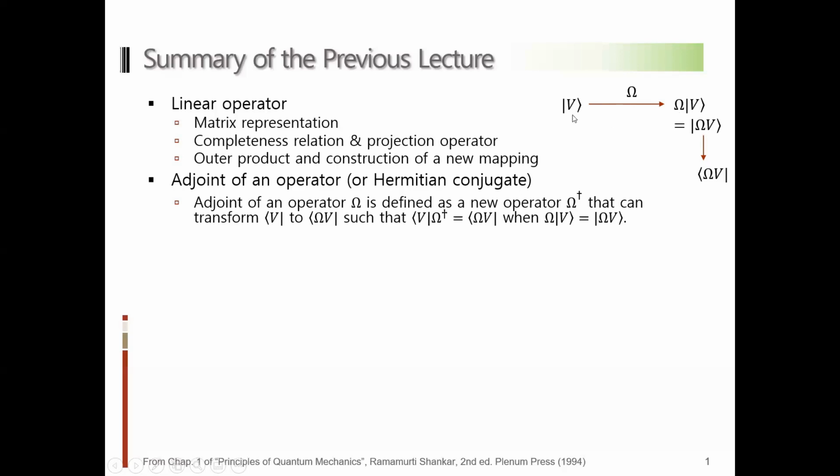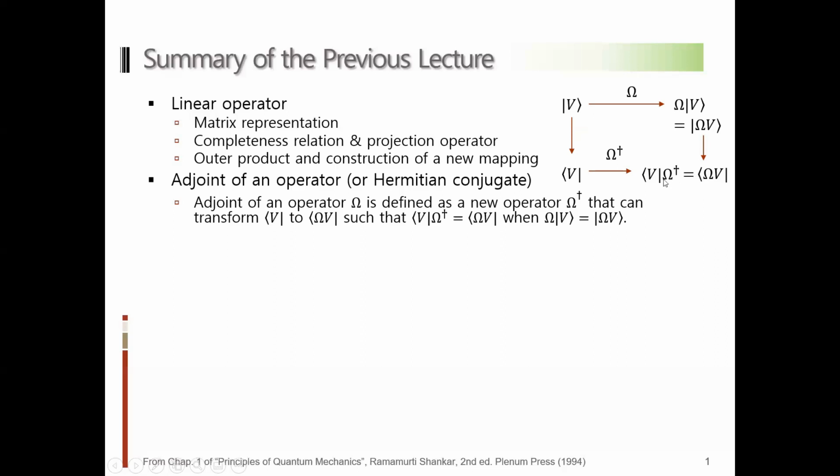Another option is we can start with the bra vector corresponding to this ket vector in the dual space. Then there might exist a new operator which will map this bra vector to a new output bra vector, and this will make sure that the result of this linear transformation will be the same as this vector.